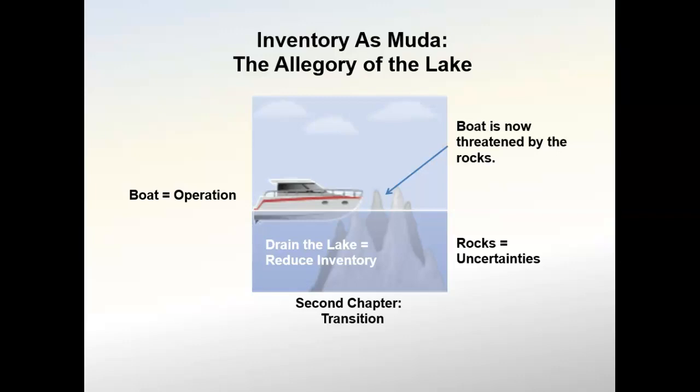Although successful operations are in jeopardy in the short term, these problems can now be named, confronted, and fixed. In the allegory of the lake, this is the equivalent of destroying those rocks that have been exposed, allowing the boat to continue operating across the shallower, leaner lake.